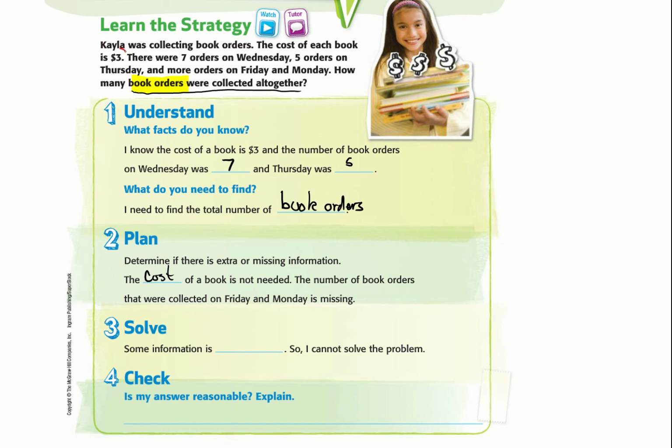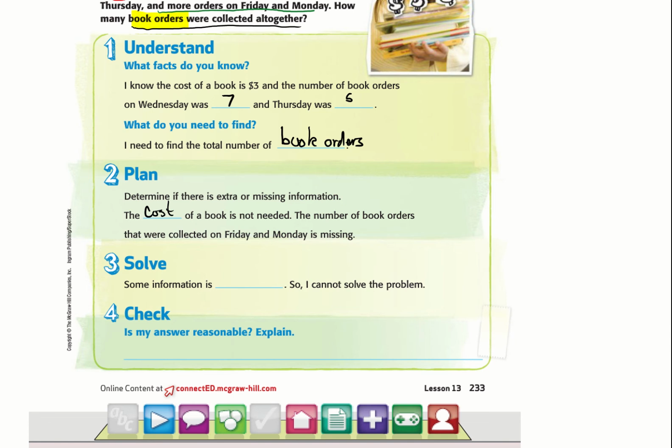So really, if we take a look at the cost, that's extra information that's not going to help us solve our problem. And for the missing information, it says, and more orders on Friday and Monday. We have no idea how many orders were on Friday and Monday. So that's going to be the missing information.